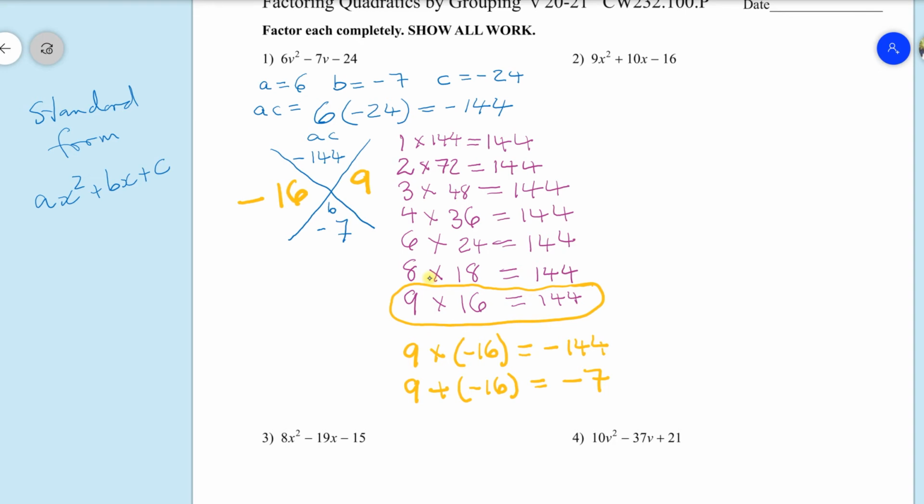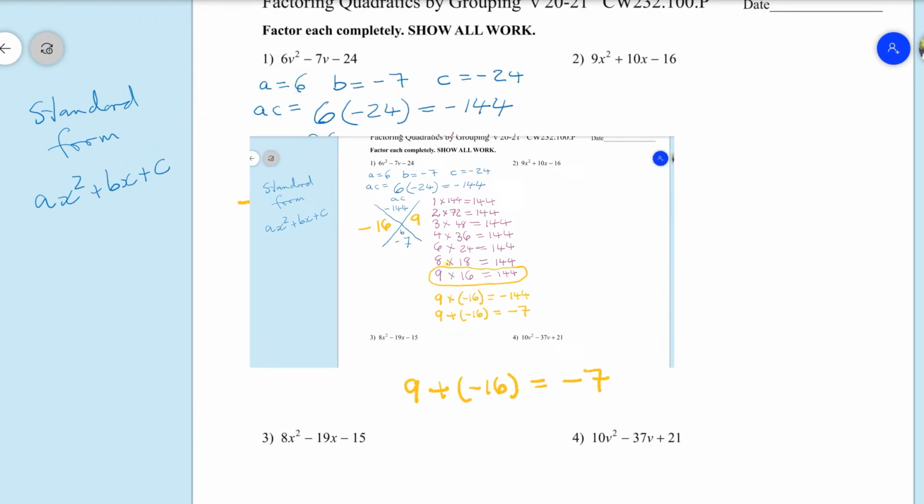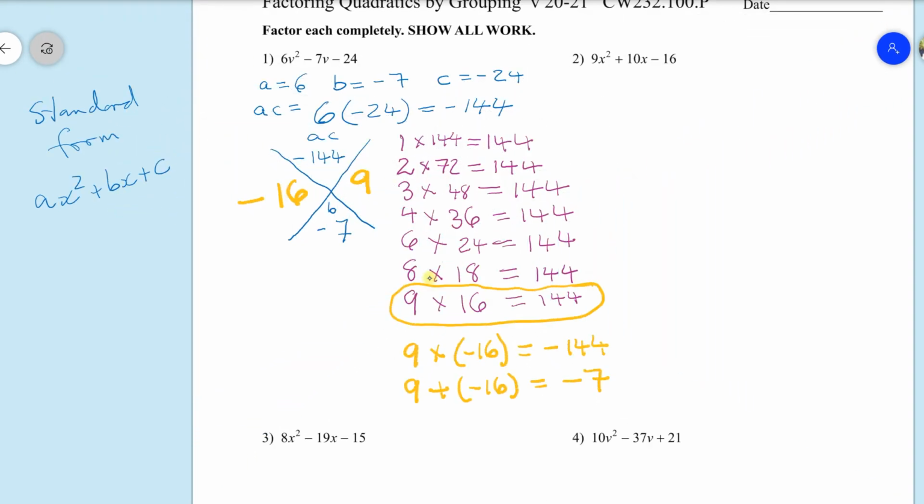If only one of the factors is negative, right? All right, what we're going to do with this negative 16 and this 9, we're going to add our variable to it, right? So negative 16v plus 9v will give me negative 7v. So what I'm going to do, I'm going to come up here and replace negative 7v with negative 16v plus 9v.